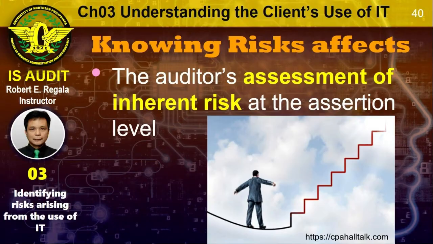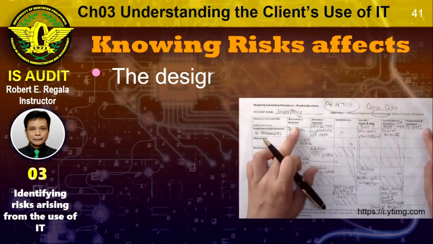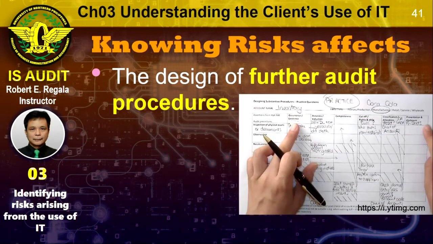Identifying the risks arising from the use of IT may also affect the auditor's design of further audit procedures. For example, if information processing controls depend on general IT controls, the auditor may determine to test the operating effectiveness of the general IT controls, which will then require the design of tests of controls for such general IT controls.